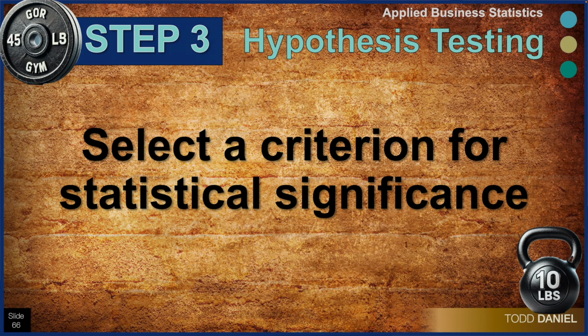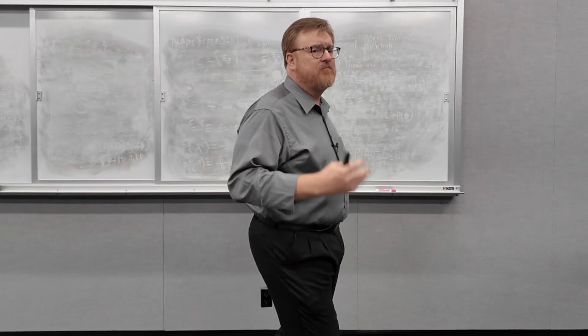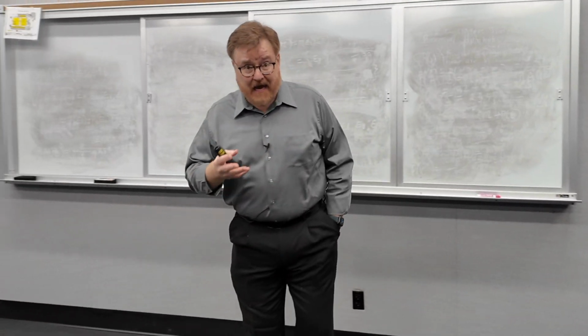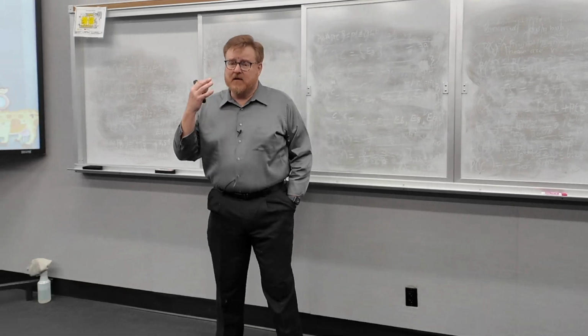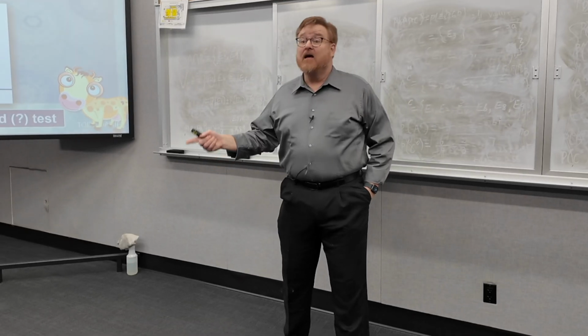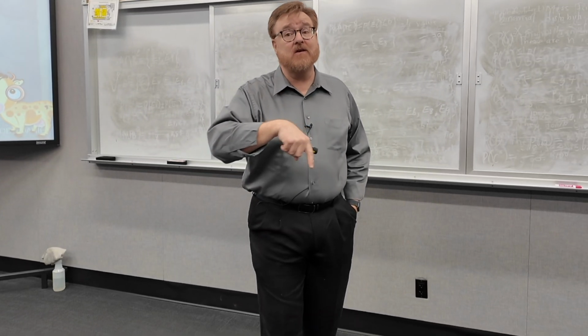That brings us to step 3. Select a criterion for statistical significance. Now we're going to use that alpha level of 0.05. We can set that to 0.01, 0.10, to really any alpha level that we choose, but the typical value we use is 0.05. What that means is we are defining the F distribution that we're going to use.